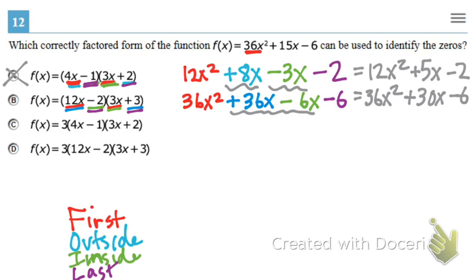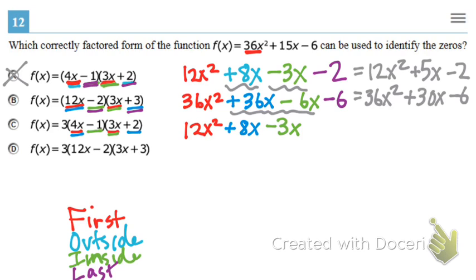First, I'm going to multiply together what's in the parentheses, get my answer, and then multiply all of that by 3. So 4x times 3x, I'm doing the first ones. So that's 12x squared. The outside ones, so 4x times positive 2 is positive 8x. The inside ones, so that's my negative 1 and 3x is negative 3x.